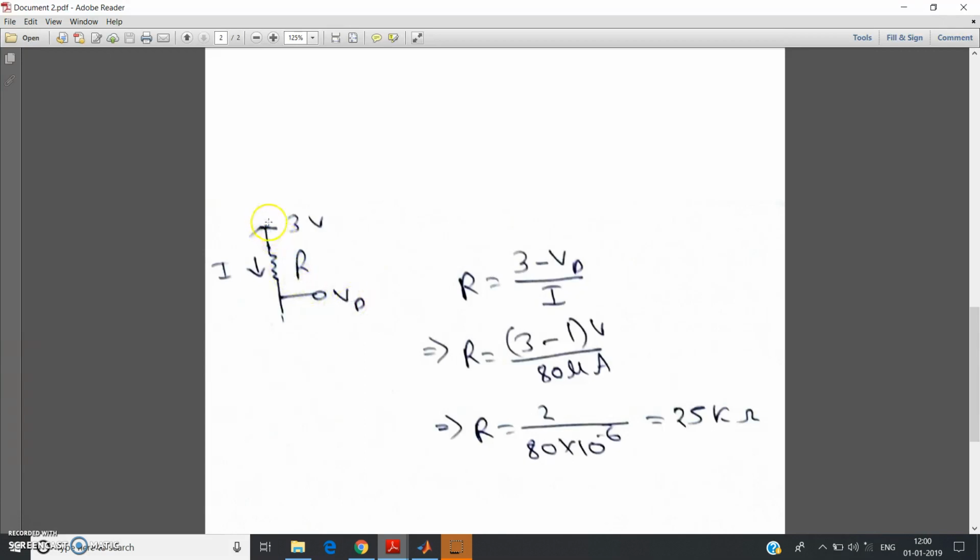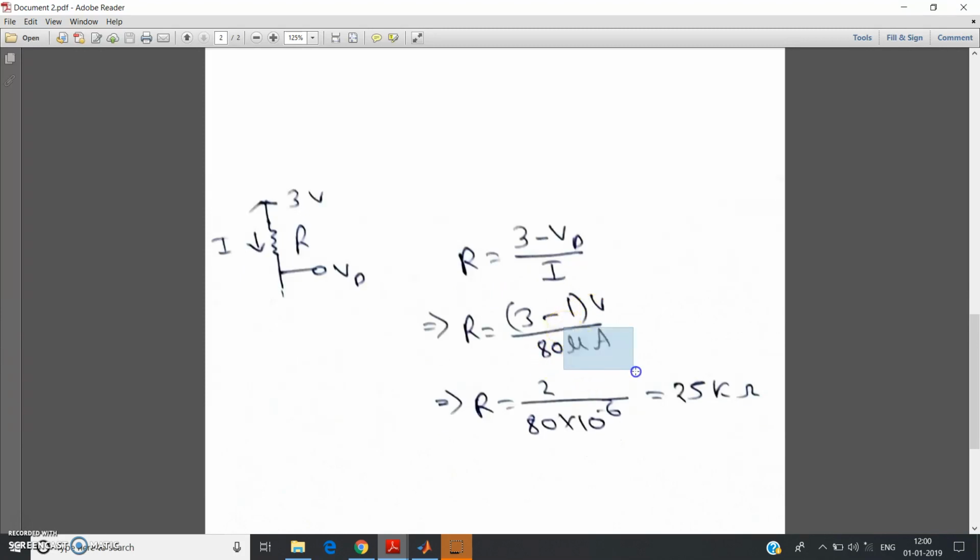So R is equal to what? V is equal to IR from Ohm's law, right? So R is equal to 3 volt minus VD divided by the current I flowing through the resistor R. Substitute the values and you get R equal to 3 minus 1 volt by 80 microampere. 1 microampere equals 10 to the power minus 6 ampere. Substitute that and simplify by calculator. You will get R as 25 kilo ohm.